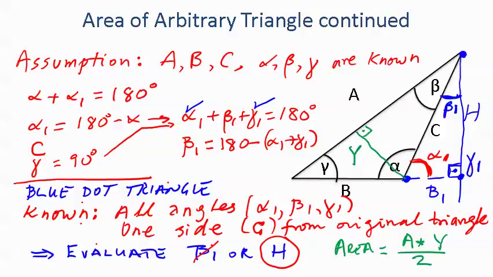So I would like for you to perform a similar analysis with the information that is known and evaluate the length of side y, or perpendicular y. And then compare the expressions for the area.